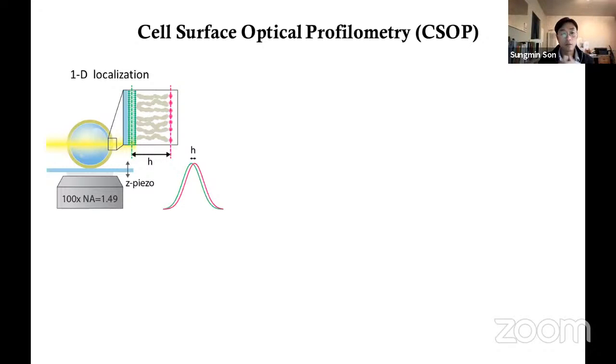But just like a conventional super-res technique, you can try to statistically localize the centroid of each line, and the precision of doing so will be much better than the diffraction limit.